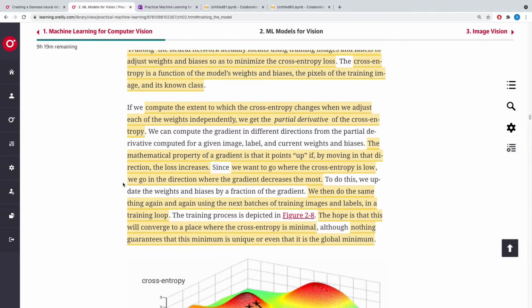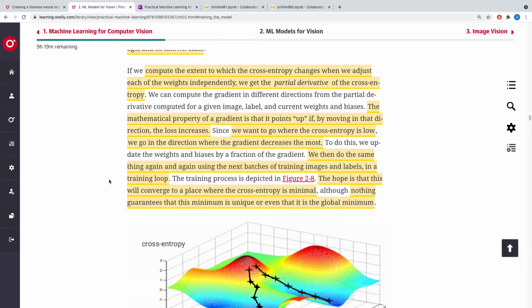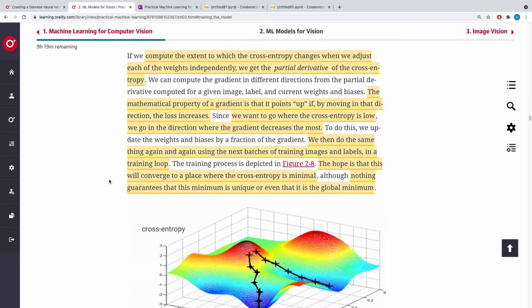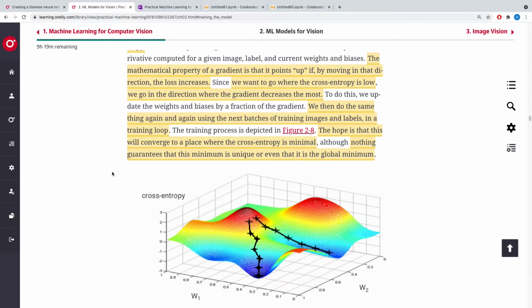Mathematically, the gradient takes us in the direction of increased loss. So since we want to minimize the loss, we move in the opposite direction. We do the same again for every batch of the training, and eventually it will converge to a minimum.